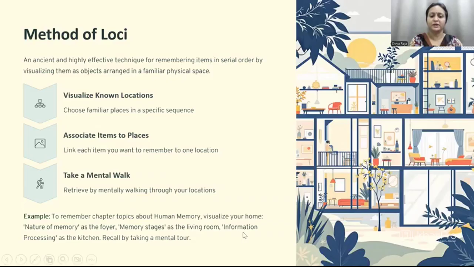And the next could be your kitchen. So the next topic, information processing, is your kitchen. So this way you take a mental tour of entering your home and going inside each room. So that's how you remember all the topics in a sequence.